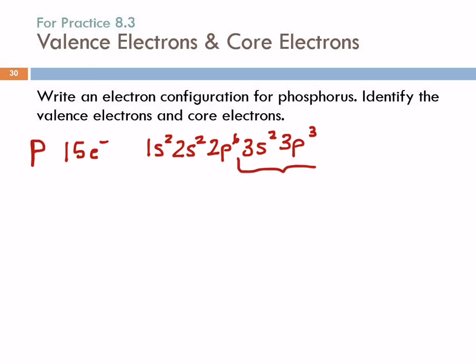So these are the valence electrons, VE, and the rest of them are the core electrons. I think of the valence electrons as being on the outside, and the core electrons on the inside. It's the things on the outside that interact with the other atoms. Any questions?